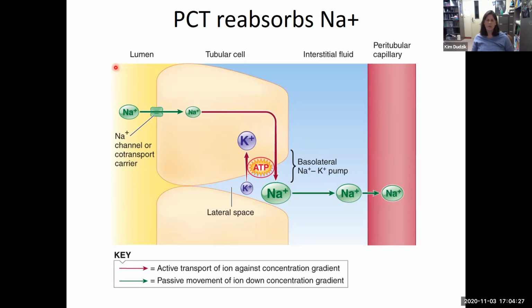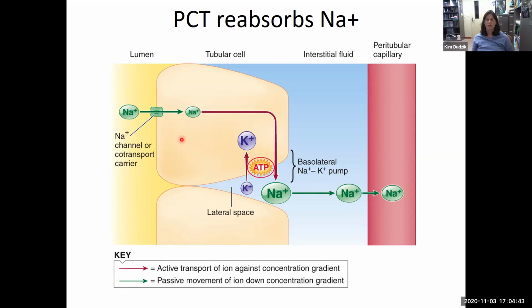Now you have to always remember that this fluid is constantly moving down the tube. Pretend like you're always sucking on your straw. So fluid is constantly moving through. As water moves out, it becomes a little less dilute down here.